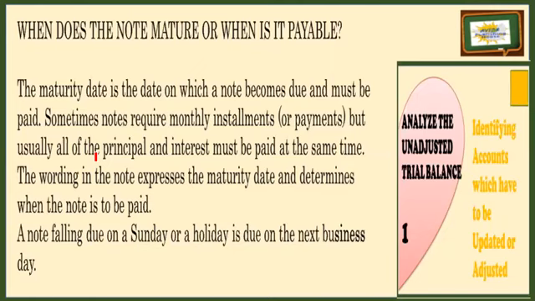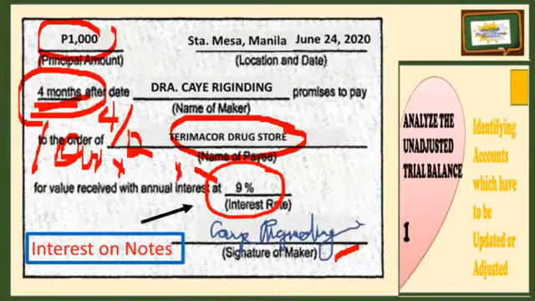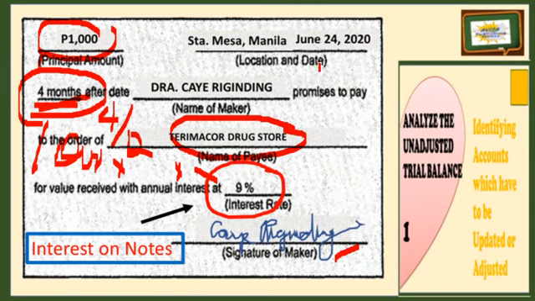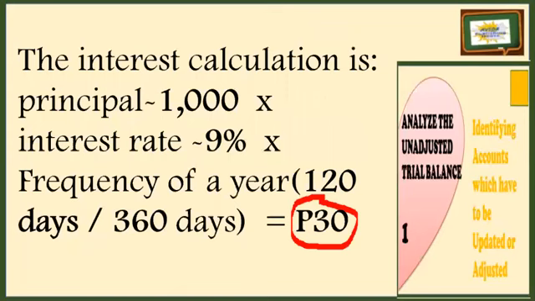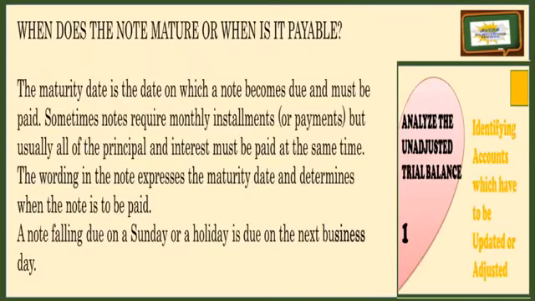A note falling due on a Saturday or on a Sunday or holiday is due on the next business day. So in our example, you compute when June 24, 2020, 4 months after June 24, 2020, will be. That date will be the due date of this note. It should be paid on that day.